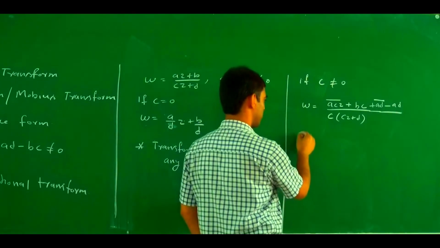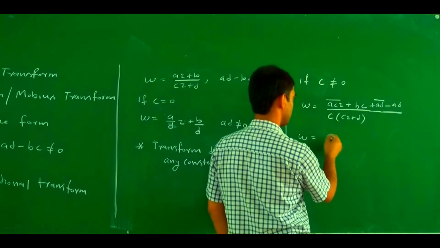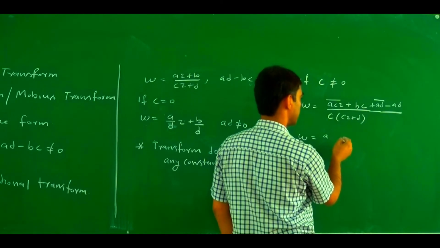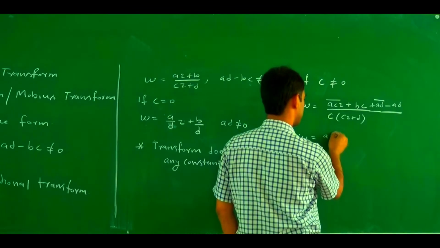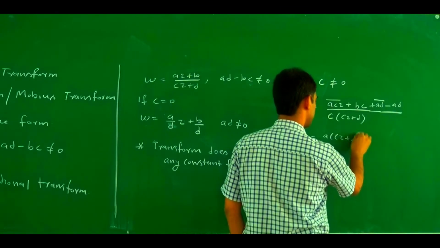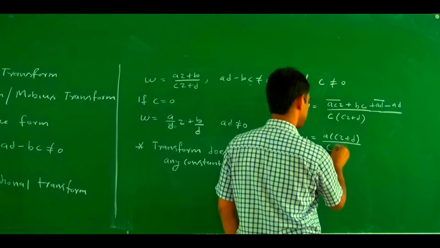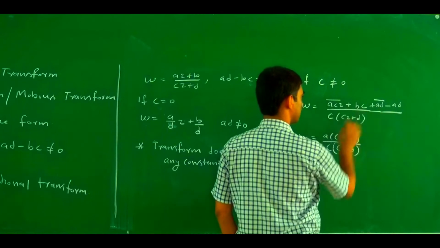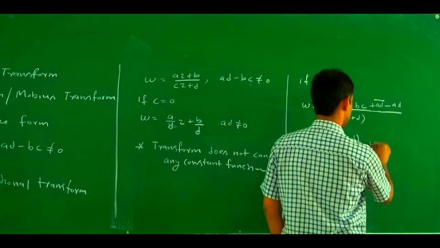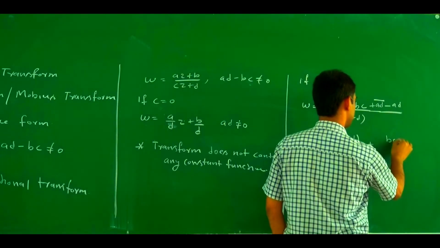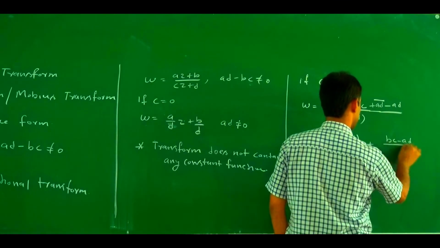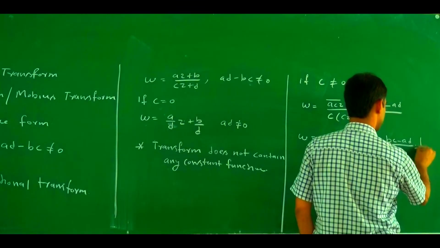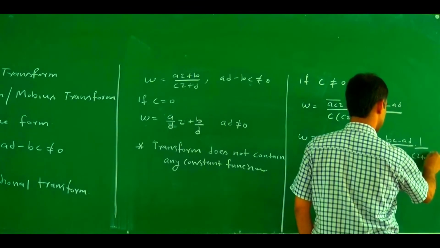Now this becomes W equals A outside, then this becomes CZ plus D divided by C into CZ plus D. Means this term plus what we write here? BC minus AD divided by C into C. Here we write 1 upon CZ plus D in this form.